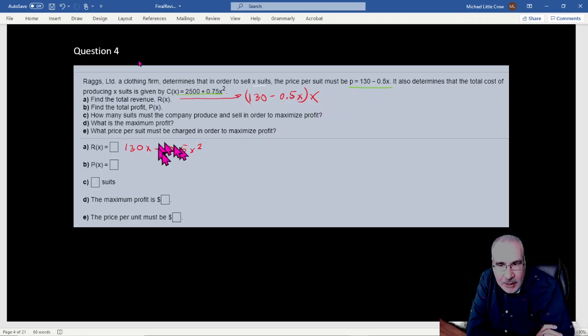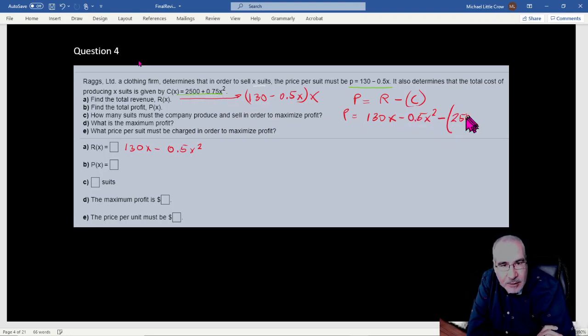Profit, we're going to subtract the cost. P equals revenue minus the cost. Remember the parentheses. Profit equals revenue, we'll write our function 130x minus 0.5x squared. Then we're going to subtract the cost function, which is 2,500 plus 0.75x squared.